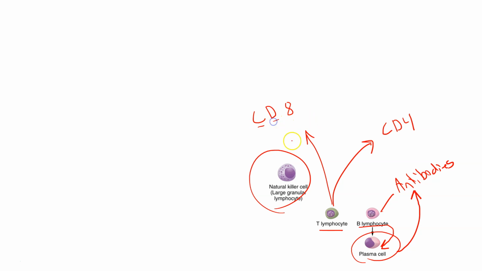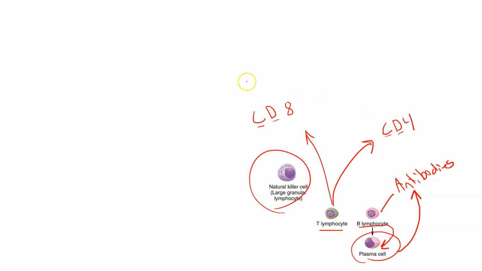CD is a class of molecule used to denote an immune-specific protein of some kind. There are lots of CD molecules: CD40, CD57, CD8, CD4, lots of different ones. But in this class, we'll just focus on these two because they help distinguish two main classes of lymphocytes.